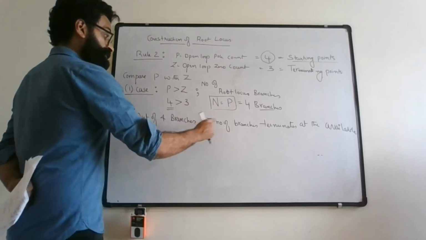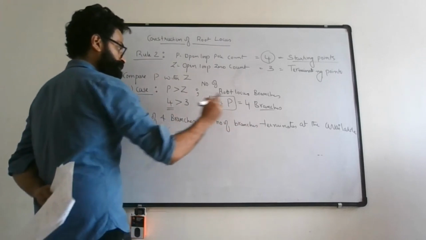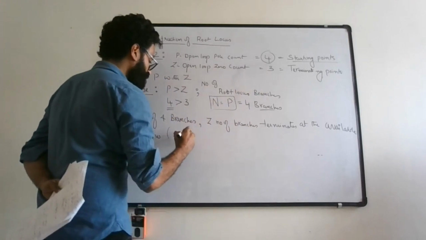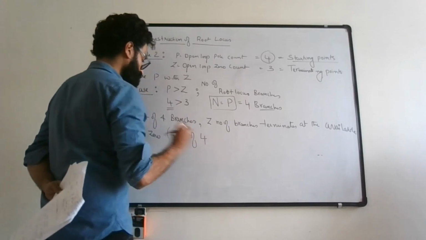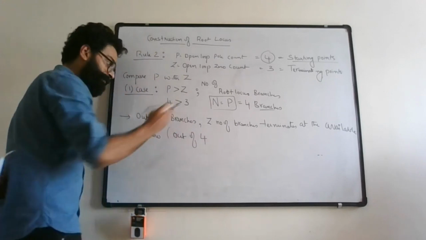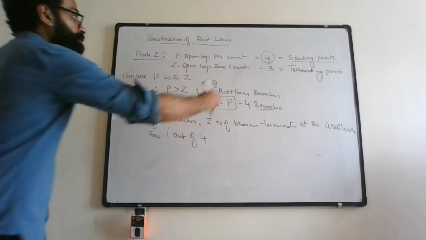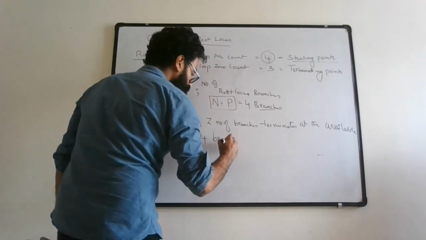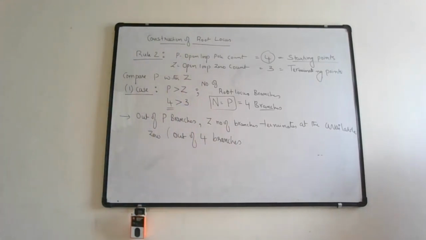So Z number of branches, what is the Z count? It is 3, so 3 branches. I should explain the general case for a given pole and zero count: out of P branches, Z branches terminate at the available zeros. So out of 4 branches, 3 branches are going to terminate at the available zeros.